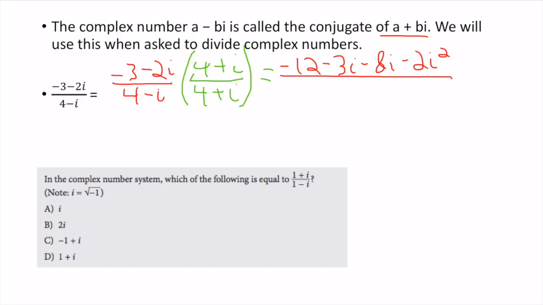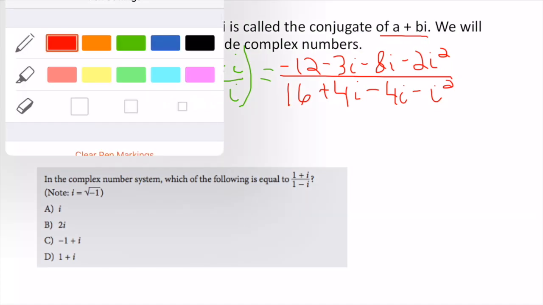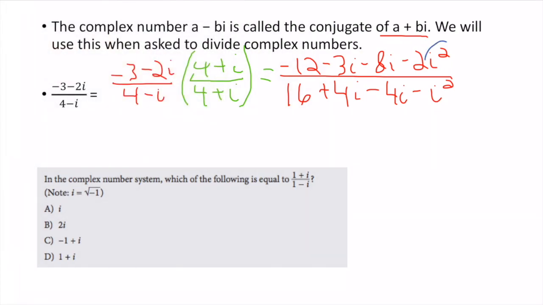When I FOIL out the bottom, I get 16 plus 4i minus 4i minus i squared. Now again, notice I don't want these anymore, so I'll substitute in negative 1 for those i squareds.